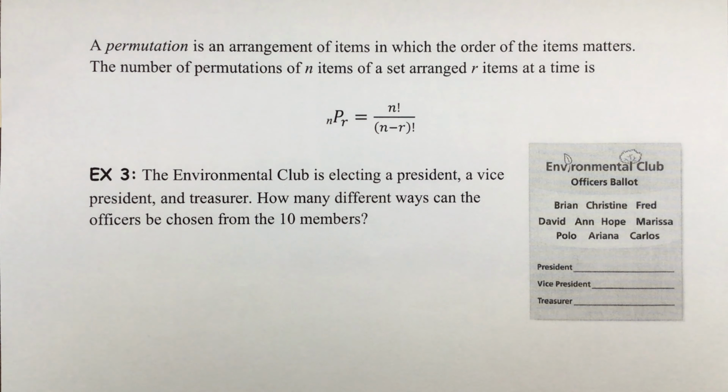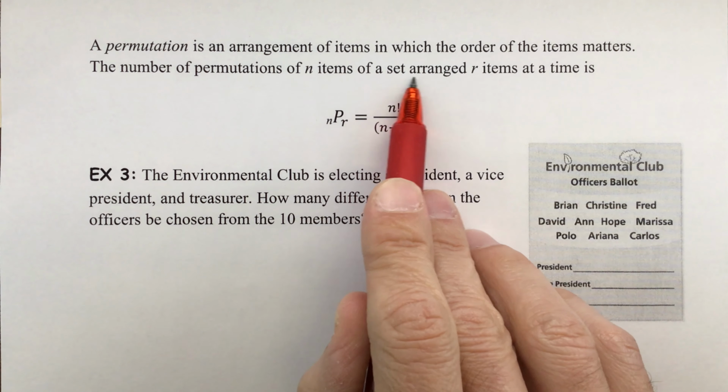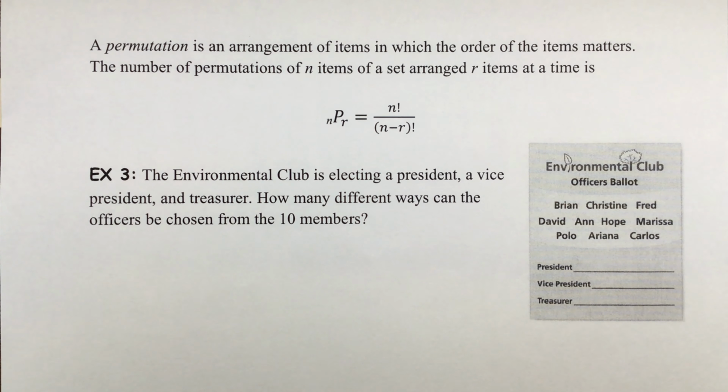It isn't that we're just choosing r items, but we're choosing those items in a particular order, which means you're going to have a greater number than you would from the combinations. Because in a combination, we didn't really care what was first, second, third, or fourth. Here, when you choose something first versus last, it does make a difference. So you're going to get a higher number from this.